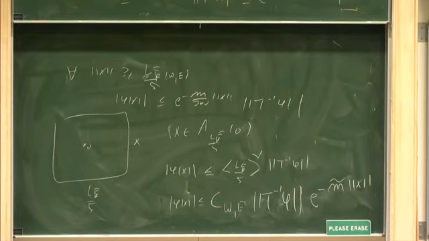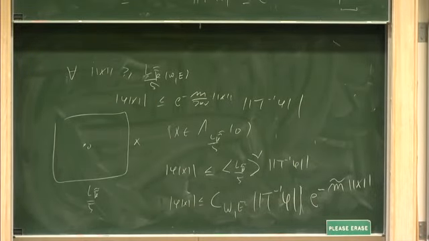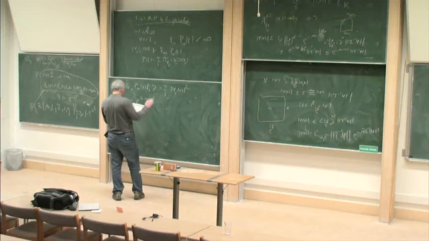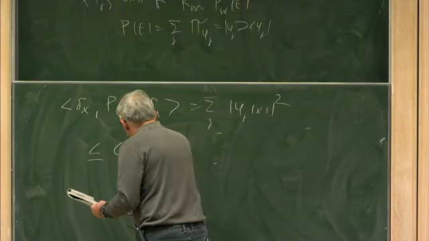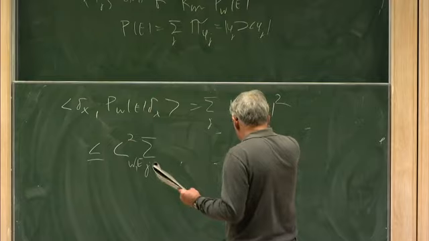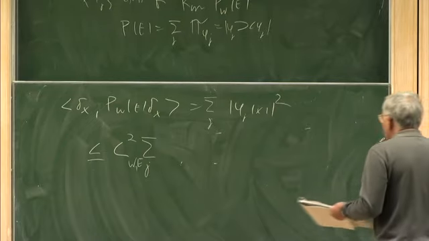It doesn't depend on the energy. But what I want to say is that I'm going to sum, I get a constant c squared. This depends on omega, but it doesn't. Oh no, it depends on the energy. But the energy is fixed. I'm sorry. It's a long day. The energy is fixed. It doesn't depend on the energy.